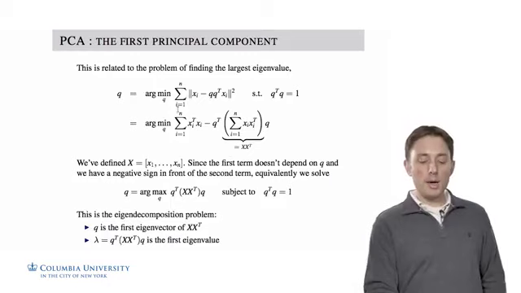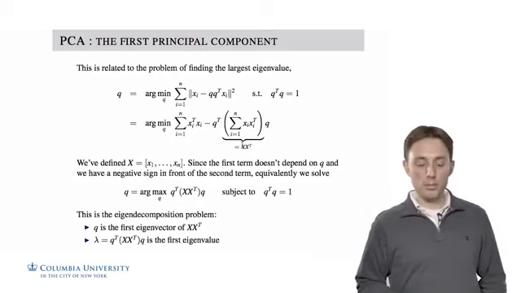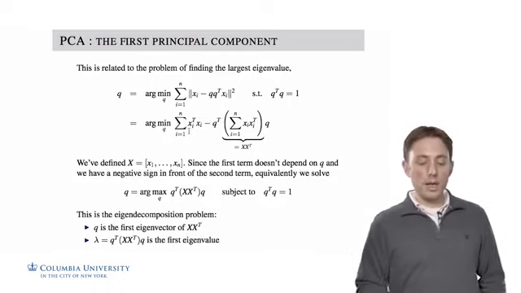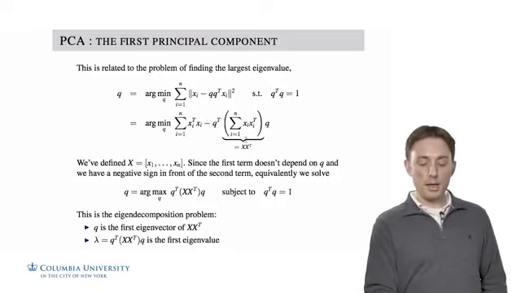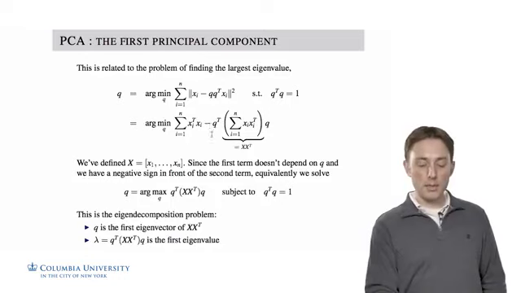Now we want to minimize this term, which is exactly the same as this term, but written in a different way, using matrix products. However, this term doesn't include q at all, so we can simply throw it away. And if we want to minimize a negative term, we also want to maximize the negative of that term. So we want to maximize this term in q.